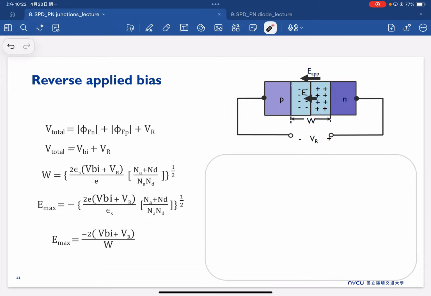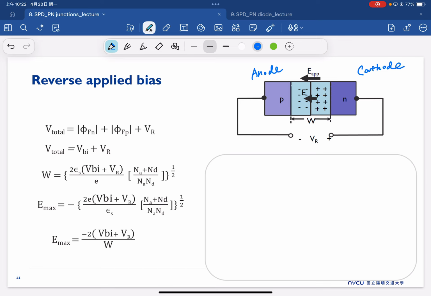Reverse bias means that this is a simple PN junction schematic, and normally the P side we call the anode, and the N side we call the cathode. And reverse bias means that we put a high bias on the cathode side.